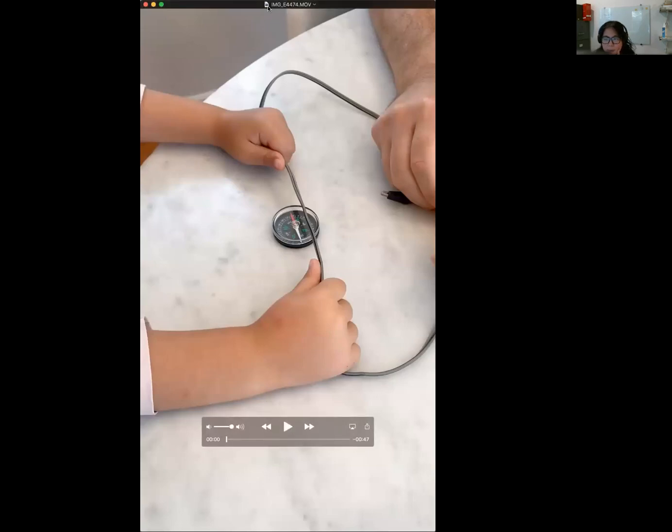I have a compass and just a simple alligator clip, the wire, and also just an AA battery. That's all I have. Right now, the wire is not connected to the battery. So it's just a conductor with free electrons in it, right?